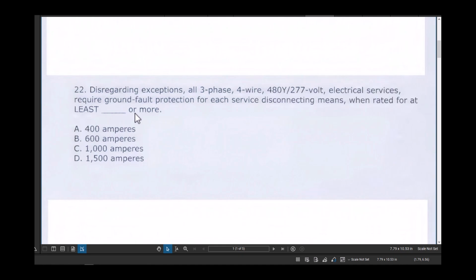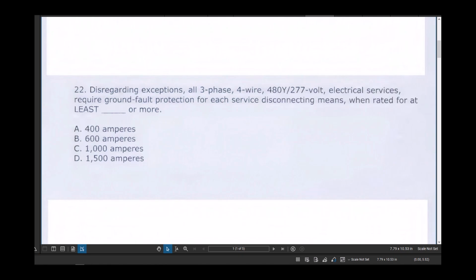The keyword here should be ground fault protection, and the other area is service disconnect means, and these are extra information we have. Disregarding exception.